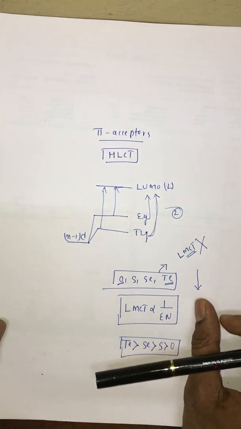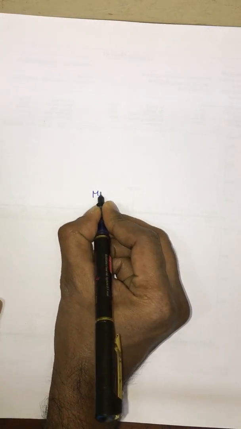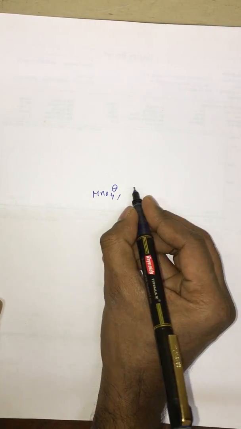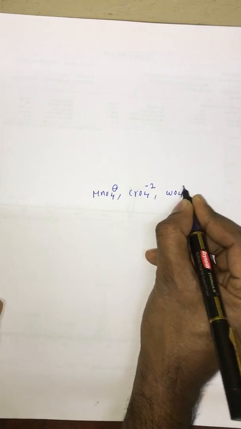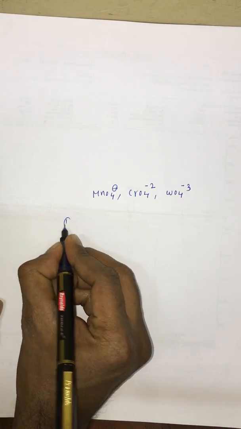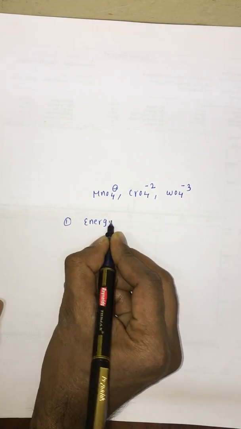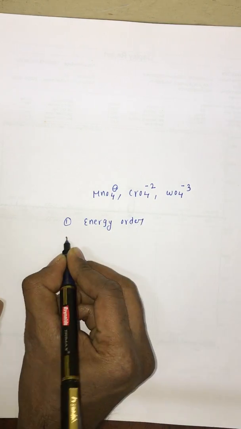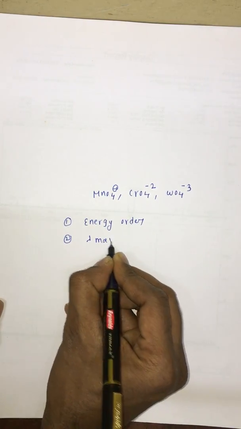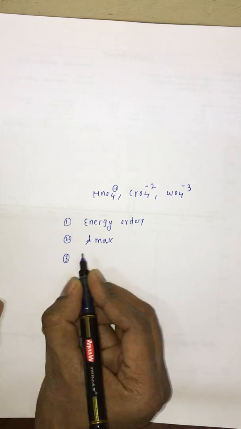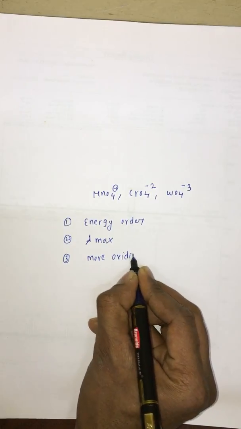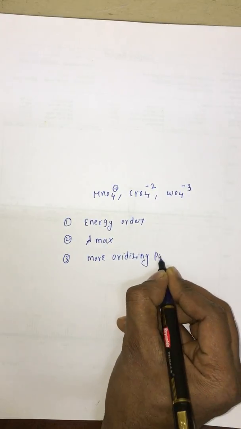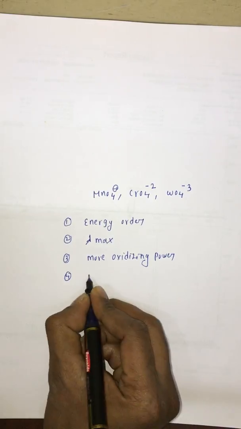And we can see some questions like we have MnO4 minus, CrO4 minus 2, VO4 minus 3. So we need the energy order, lambda max order, more oxidizing power, more reducing power.